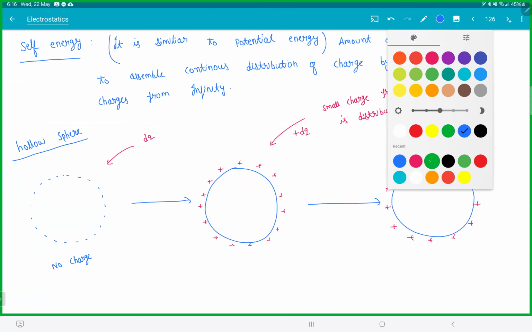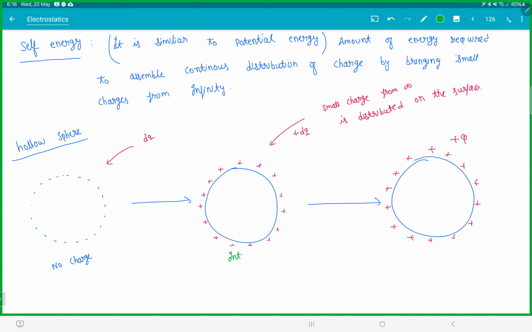So this is your intermediate stage. So what is the work done? The small work done is the change in potential times dq charge. So what is the change in potential? The shell's potential is kq by r. Infinity's potential is 0. V infinity is 0.